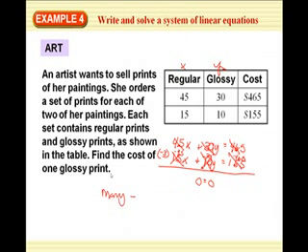A regular print costs $3 more than a glossy print, so this one would be, wait, 45 regular, 30 glossy. $3 more than a glossy print.